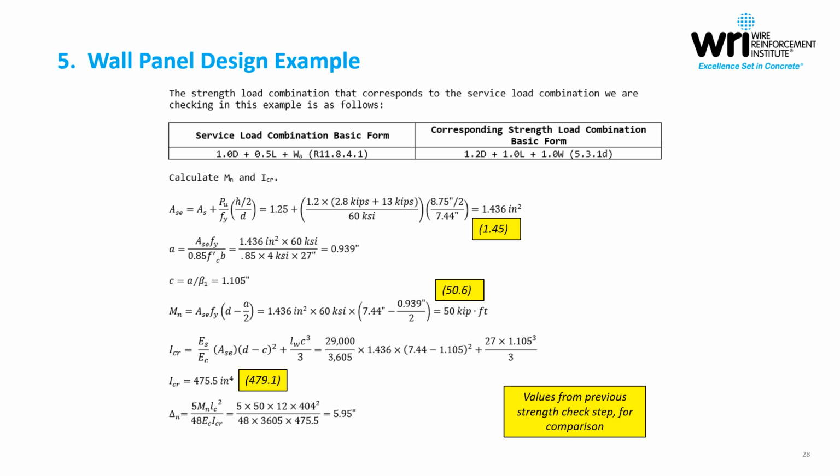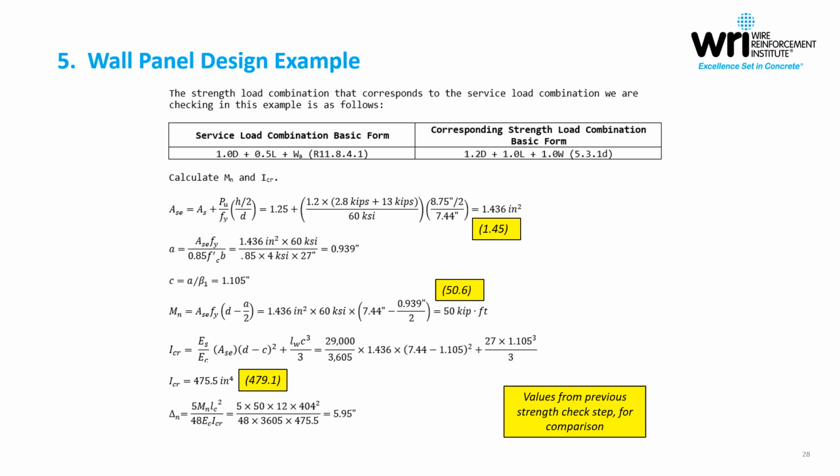We now move on to calculating the nominal moment strength, cracked section moment of inertia, and ultimately the delta sub N deflection that corresponds to M sub N. Note here we are recalculating the effective cross-sectional steel area, A sub SE, M sub N, and cracked section moment of inertia.